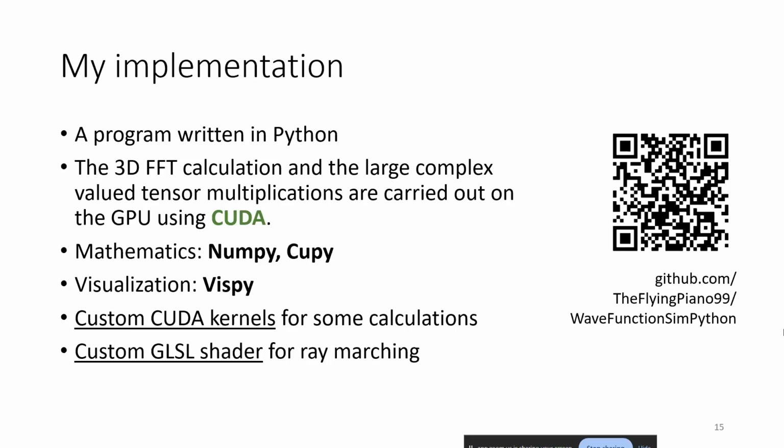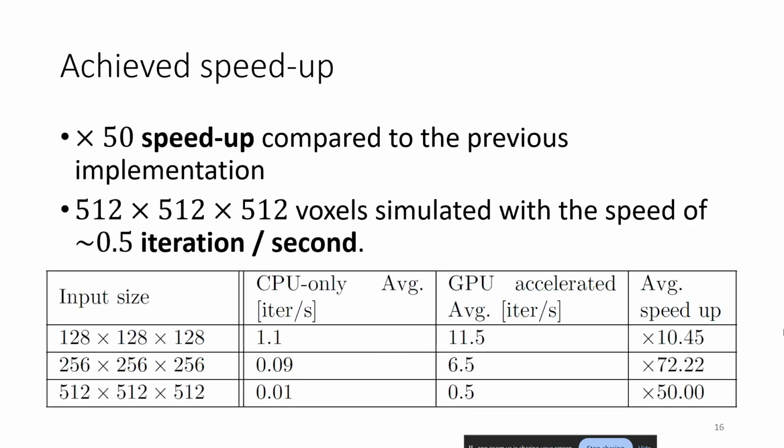I implemented a few custom CUDA kernels, for example, for the initialization of the potential, and also to do the power series expansion method. And for the ray marching, a custom GLSL shader, which is the shading language of OpenGL. The project can be found on GitHub.